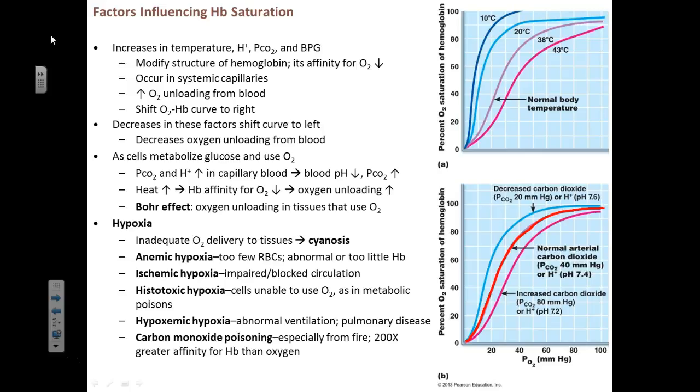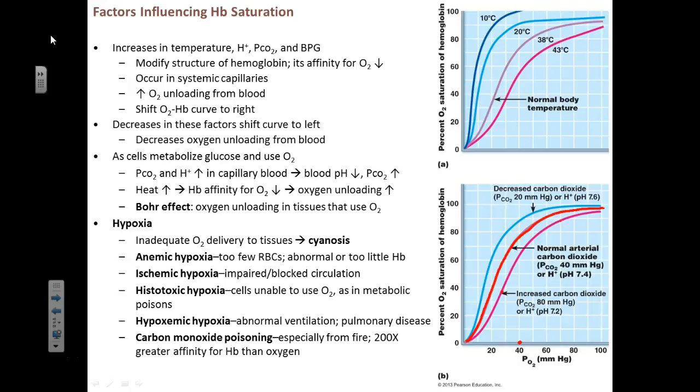Do you follow? Now this one, the purple one, is the curve corresponding to the higher concentration of CO2 or higher acidity. Now let's see what happens at the same oxygen concentration.